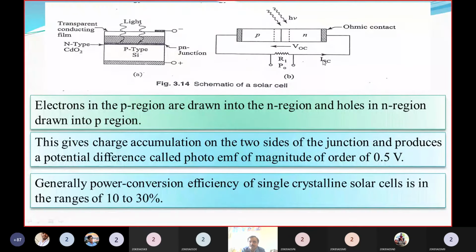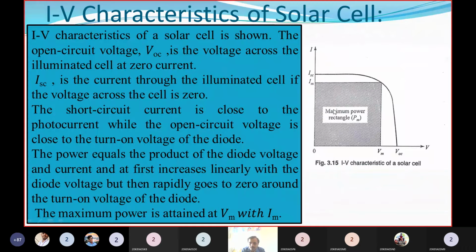If there is no load resistance, maximum current is passing, and there is no voltage drop, so the voltage drop across the diode is 0. The current passing through the diode is maximum, and that is the saturated current. See here, when the voltage becomes 0, the current is maximum, that is the ISC. That is the way to calculate ISC.